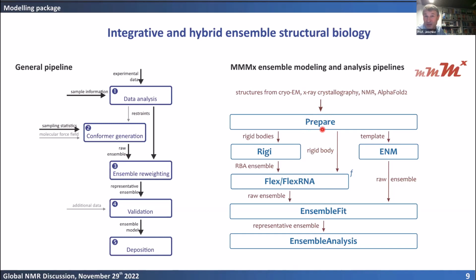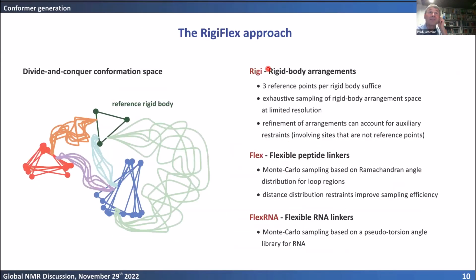Then first you make some preparation, you cut out parts of the model, and then you compute rigid body arrangement, you compute the flexible parts, you make this ensemble reweighting, which is called ensemble fit in this program. And at the end, you may also want to make some ensemble analysis, which helps you in the validation. And now I will talk you through this kind of modeling pipeline.